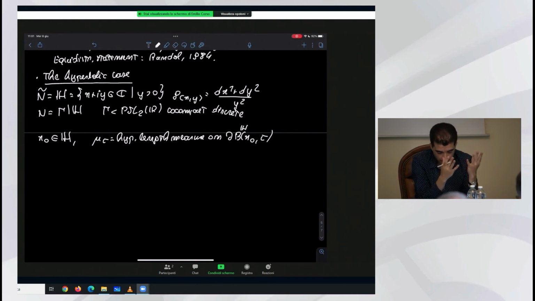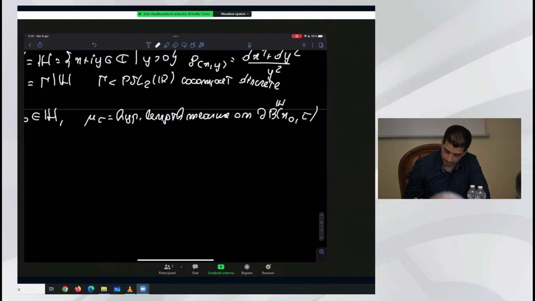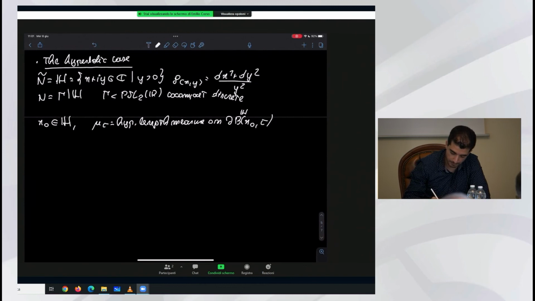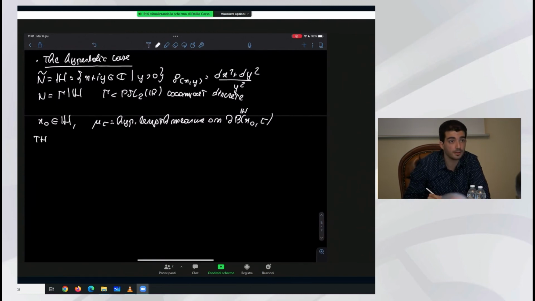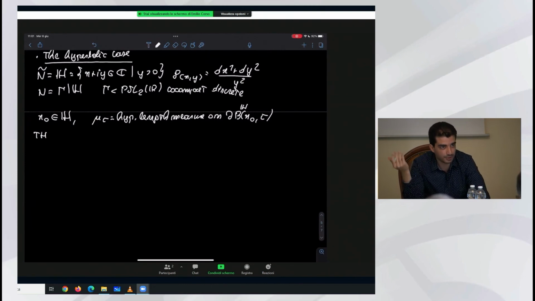What happens? As already mentioned by Mark, again, here, equidistribution holds. And this is, again, due to Randol. Well, I guess that really goes back to Margulis, no? Yes, and I'm mentioning this too. Margulis says even more, equidistribution in the unit tangent bundle. I'm mentioning this in a moment.